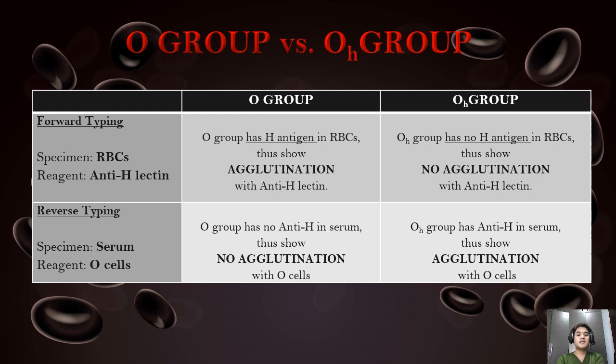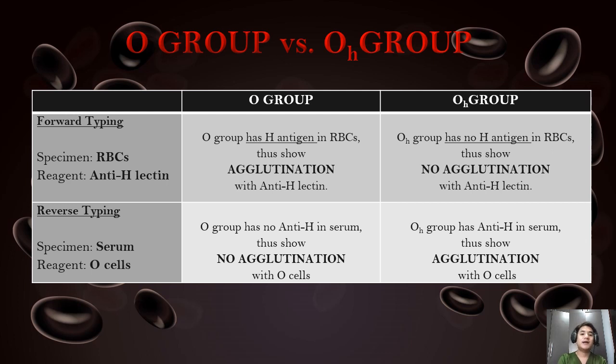From our previous discussion, we have learned that your blood group O individual has the highest concentration of the H antigen present on its red cell membranes, and will therefore show a strong agglutination with your anti-H in the forward grouping.